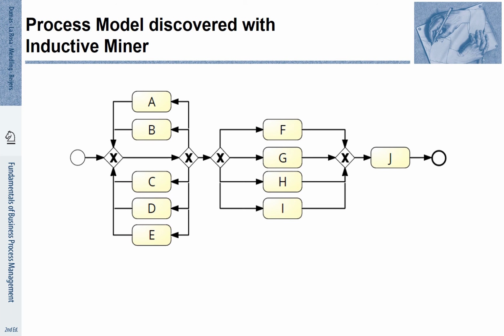In this way, the Inductive Miner has identified 3 different passages of the process. There's apparently a first passage represented with an XOR block of looping back along the activities A, B, C, D, and E. There's a second choice block where a choice has to be taken between F, G, H, and I. Finally, there's activity J.